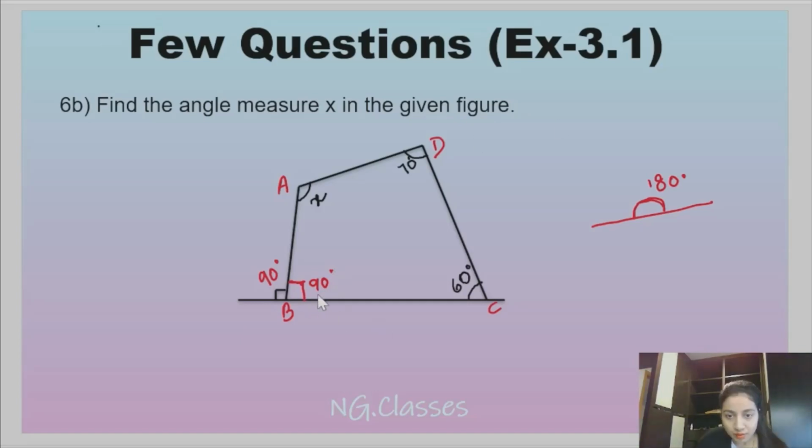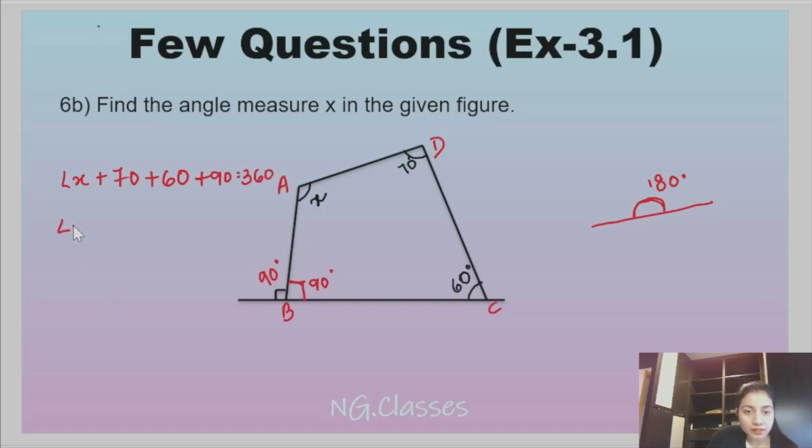Okay. So now we know 3 angles, 90 degrees, 60 degrees and 70 degrees, and we have to find the 4th angle. One thing we know is that the angle sum property of a quadrilateral is 360 degrees. So all the interior angles sum to 360 degrees. Just add it: angle x plus 70 degrees plus 60 plus 90 is equal to 360 according to the angle sum property.